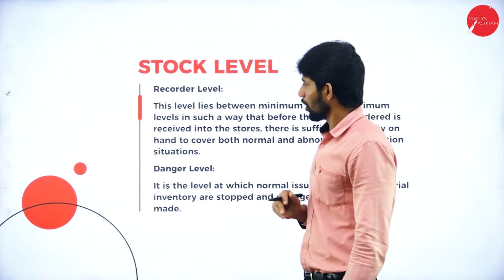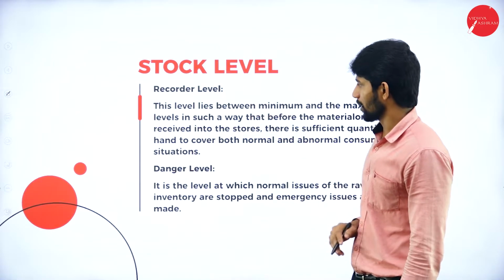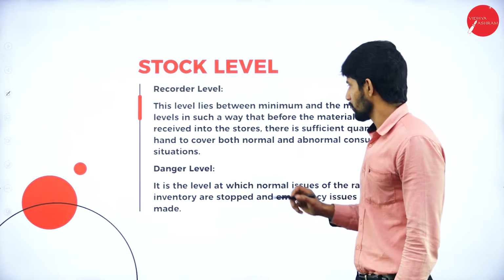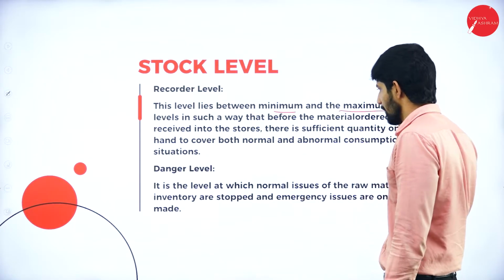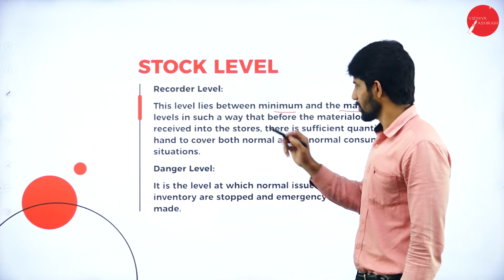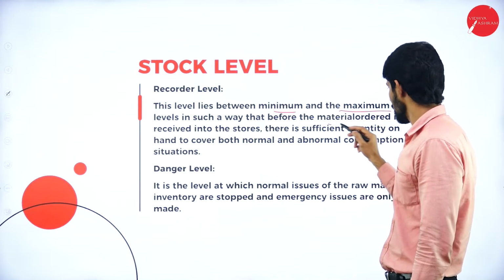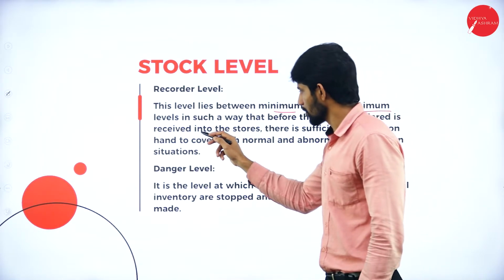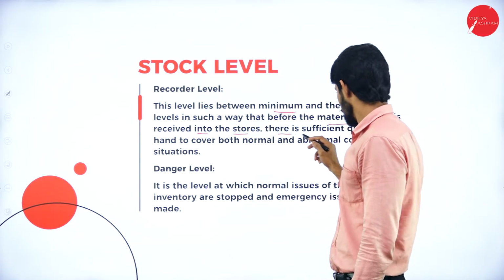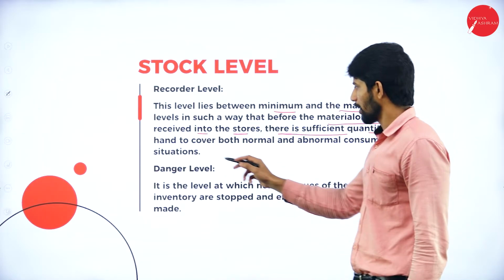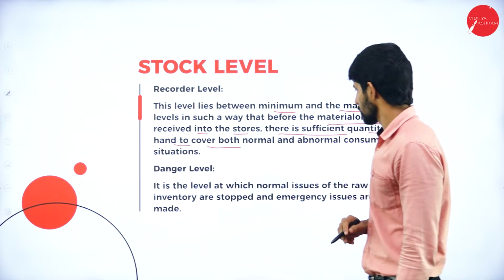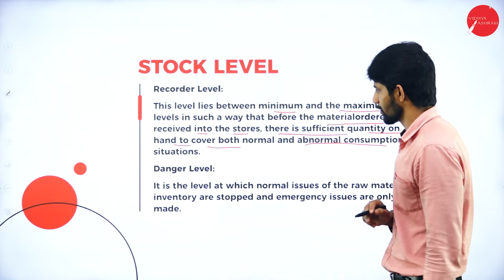Next, reorder level. So what is this reorder level? This level lies between minimum and maximum level in such a way that before the material ordered is received into the store, there is sufficient quantity on hand to cover both normal and abnormal consumption.